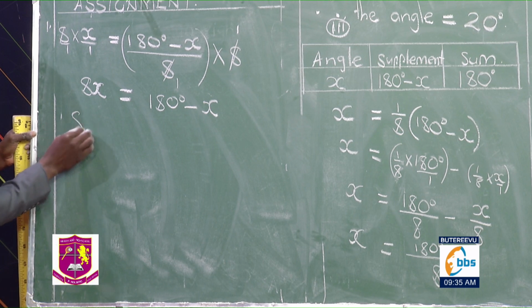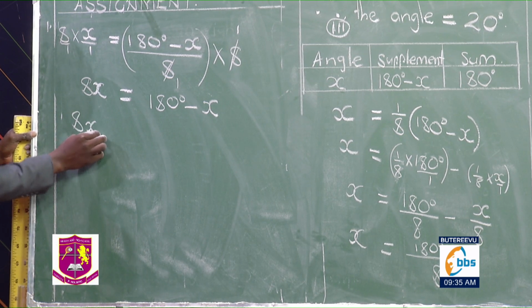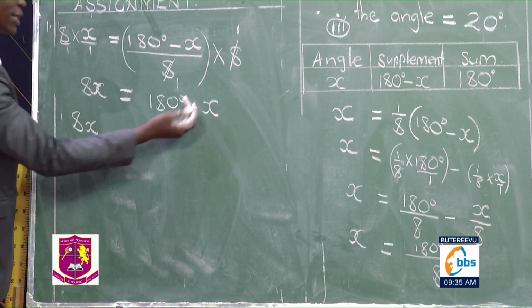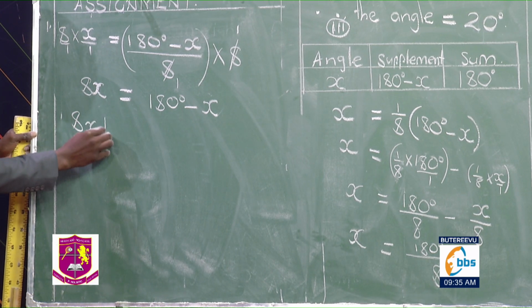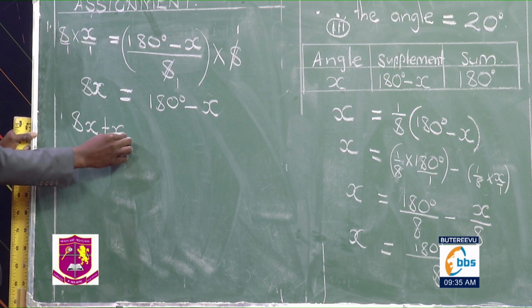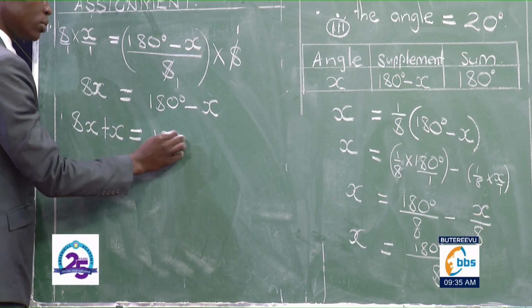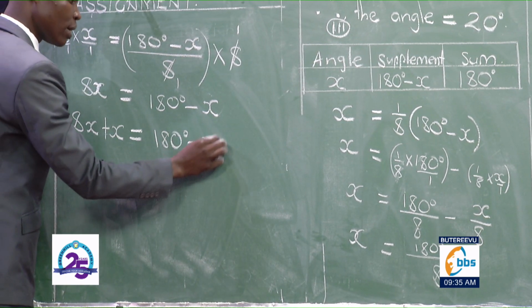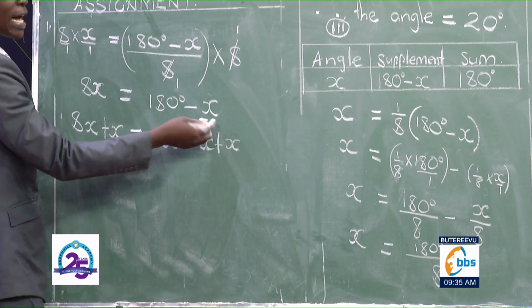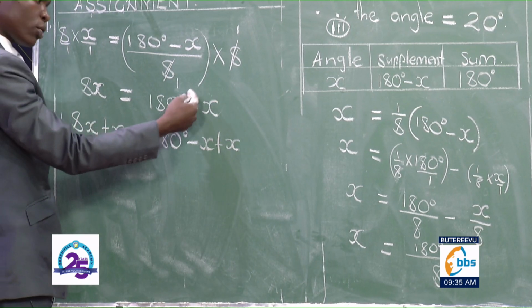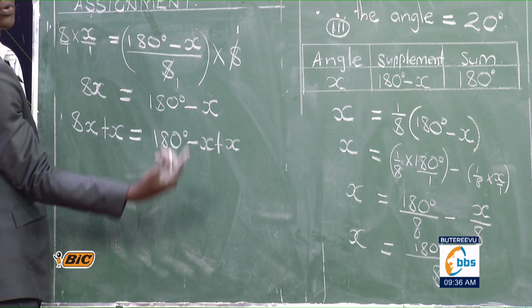So this one we shall have 8x. When you bring this minus x this side, it will be plus x, which is equal to 180 degrees minus x plus x. We call it the additive inverse, the number which you add to itself and you get a 0.